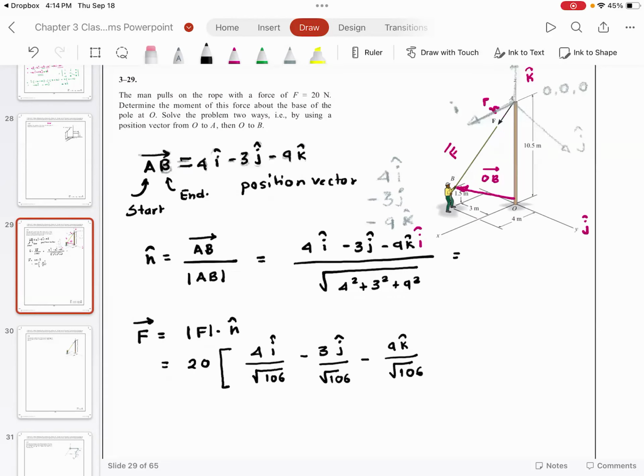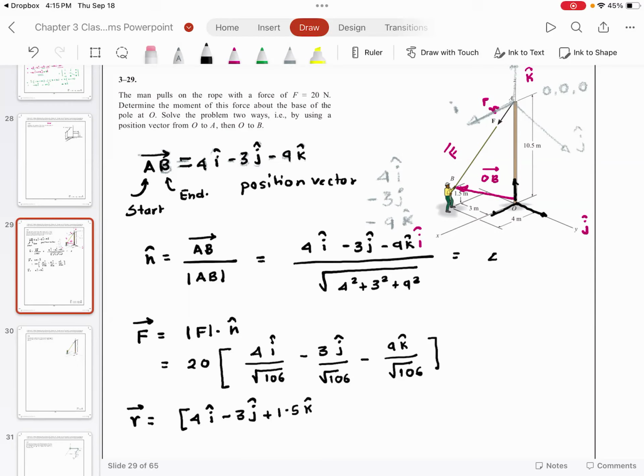And then what you have is R. Now for R, since you are finding O to B, note that with respect to O, point B is 4 units in i direction, then minus 3 units in j direction, and 1.5 units in k direction.